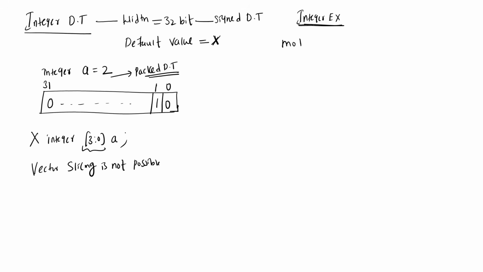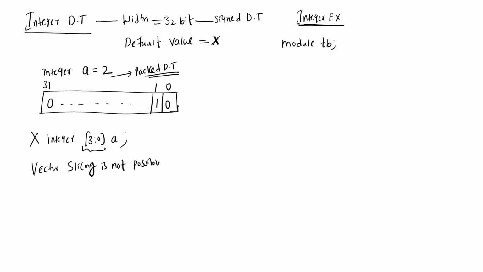Let us take a module. Actually, a vector is not a pure data type. Reg and net are the data types, mostly wire and reg.